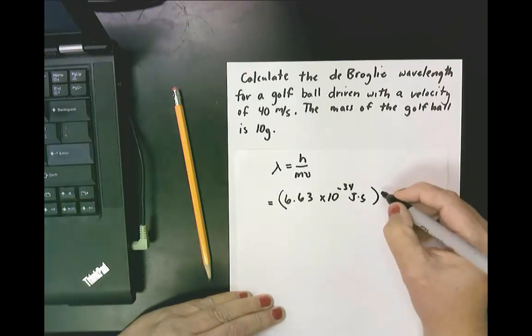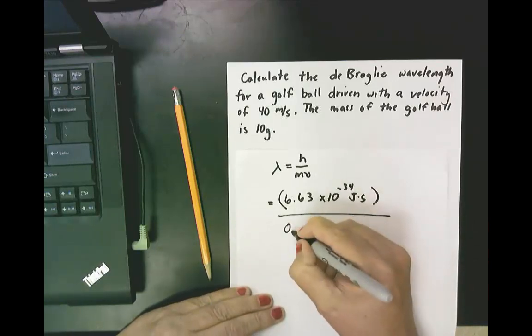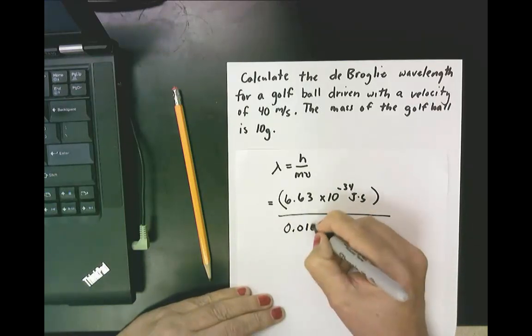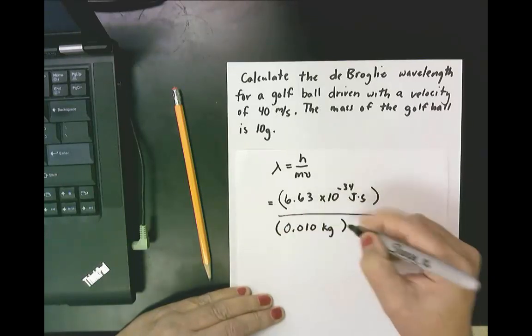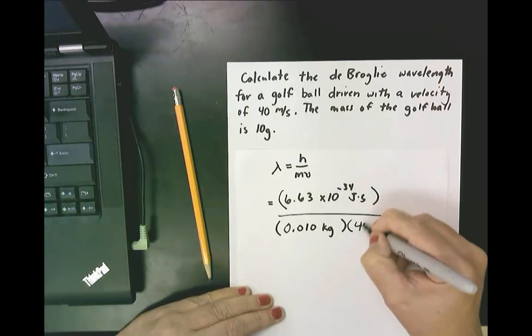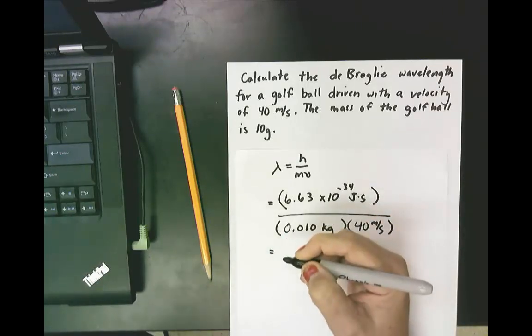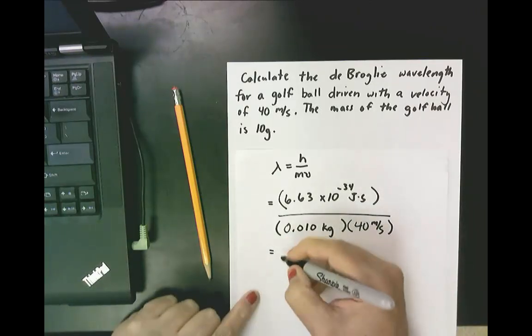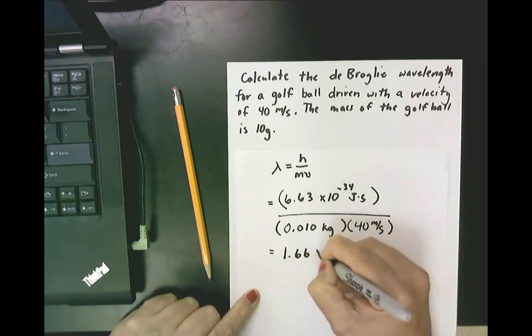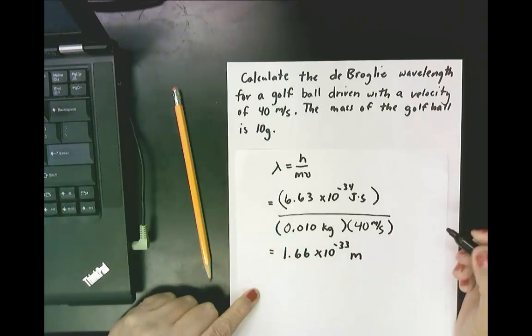Okay, so let's see, 10 grams is 0.010 kilograms. Okay, and the velocity is 40 meters per second. Okay, and so now I'm going to let the calculator do this work, and I get 1.66 times 10 to the negative 33 meters.